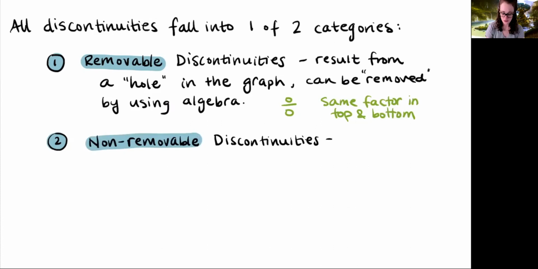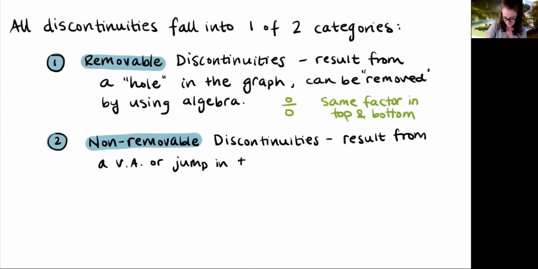These result from, graphically, a vertical asymptote, or a jump in the graph. And again, these ones cannot be removed or filled in by using algebra.